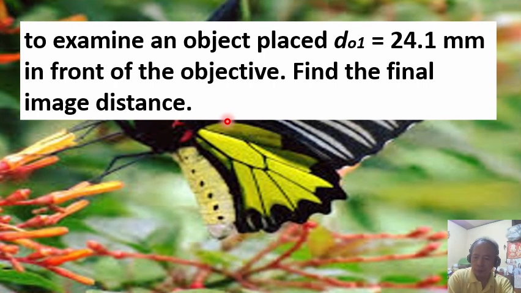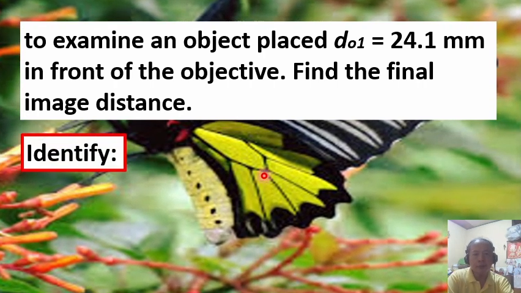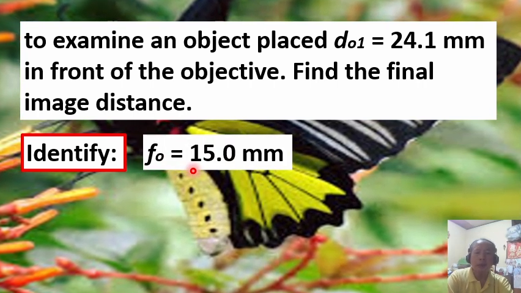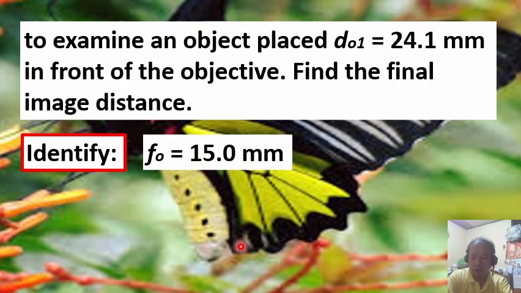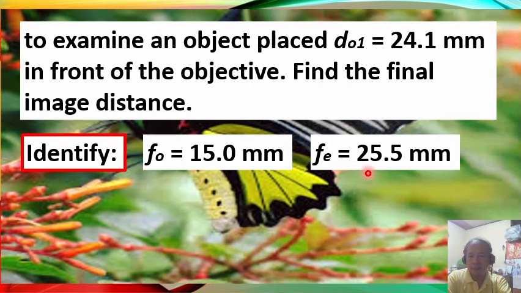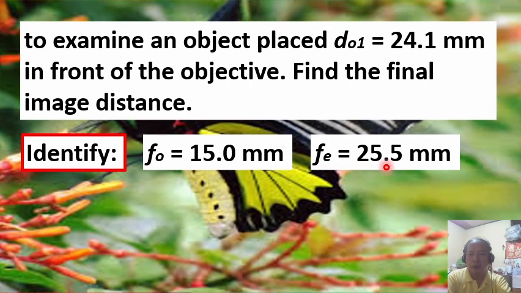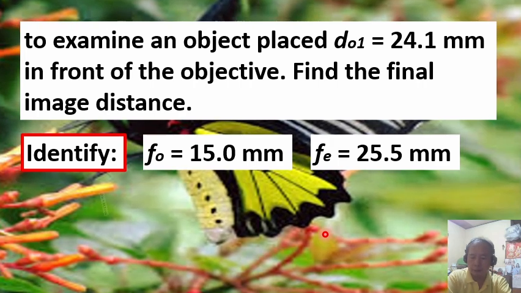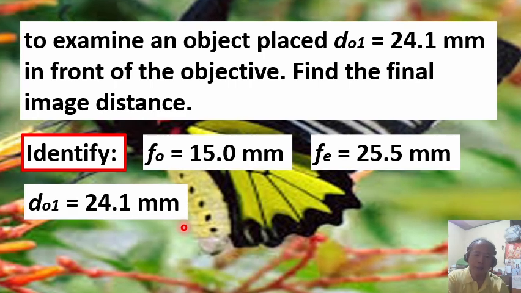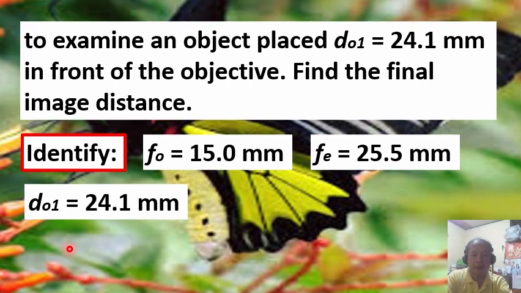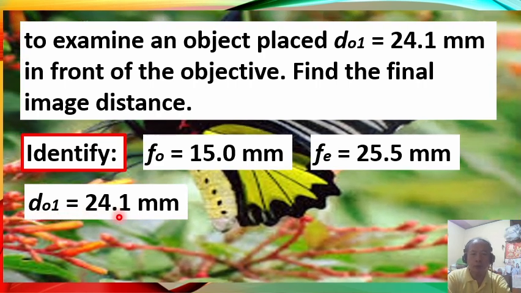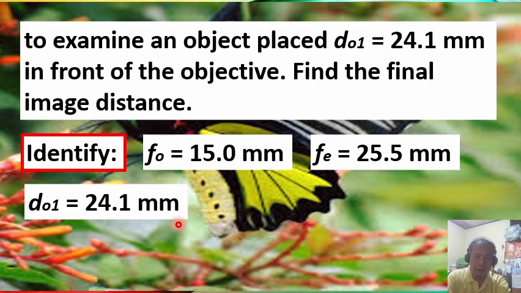So, identifying the given data, we have the focal length of the objective equals 15.0 millimeters, and that of the eyepiece, we have small f sub e equals 25.5 millimeters. And we're also given the distance of the object denoted by d sub O1 equal to 24.1 millimeters, right?